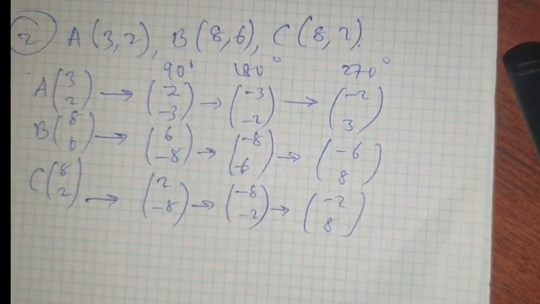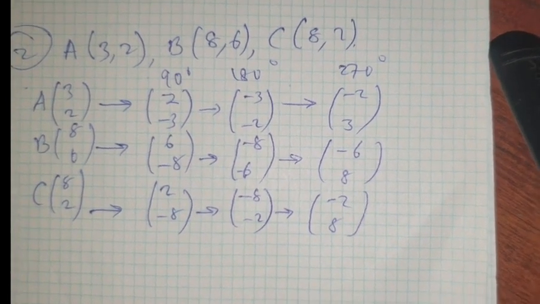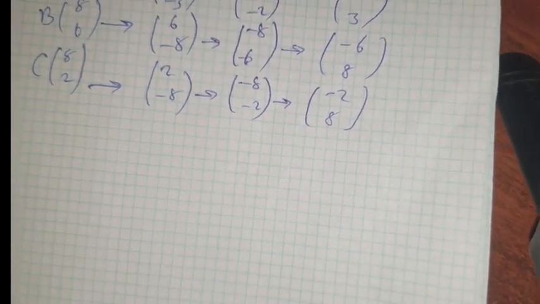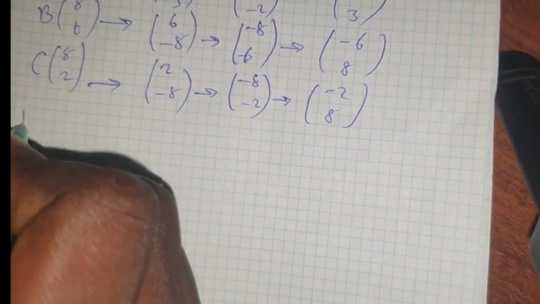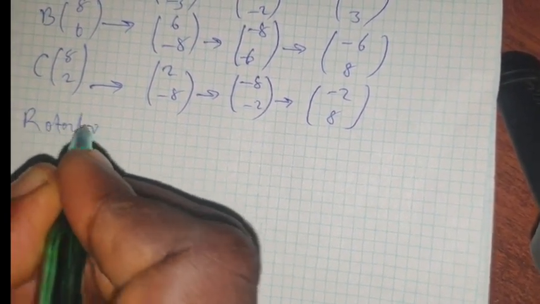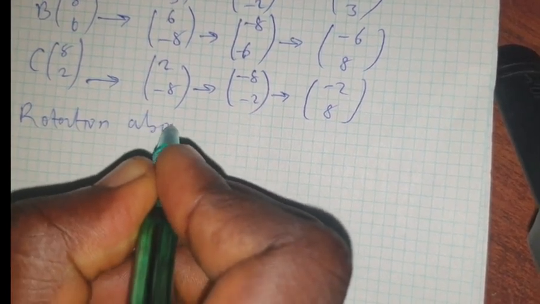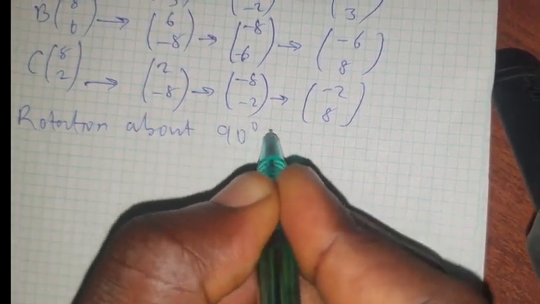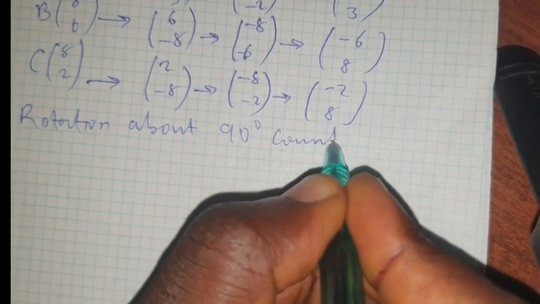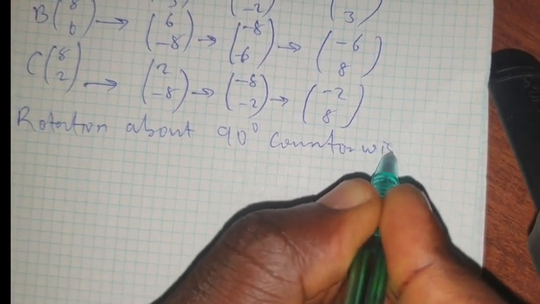So this 270 degrees rotation is the same thing as rotation about 90 degrees counterclockwise or anticlockwise.